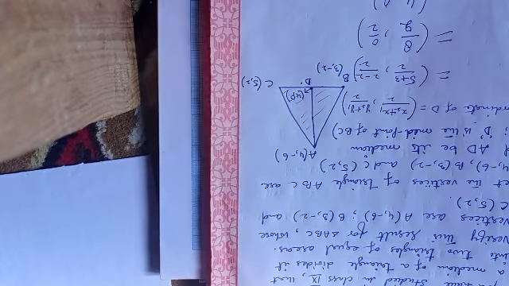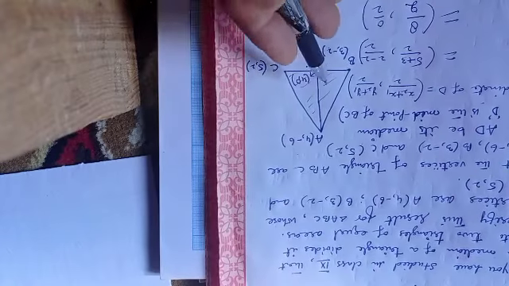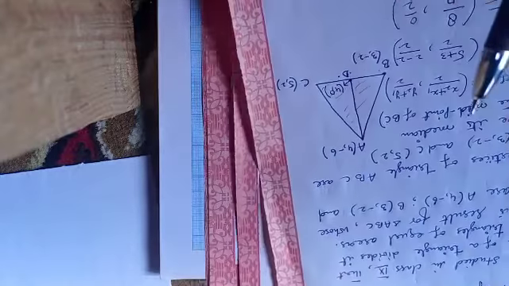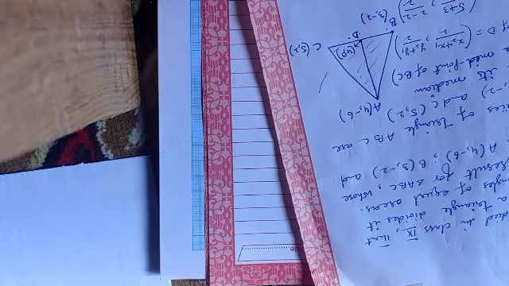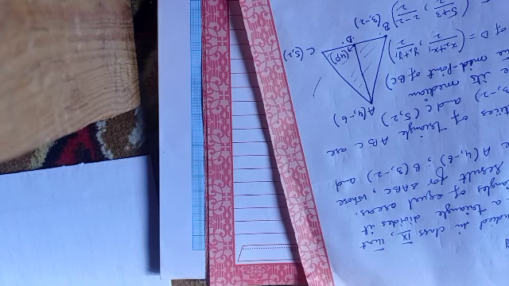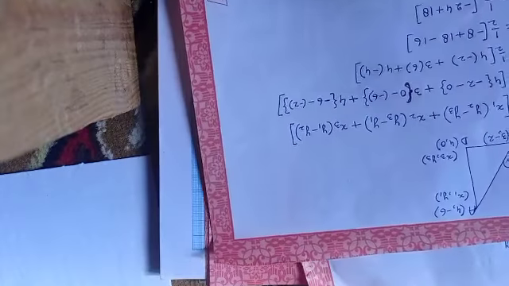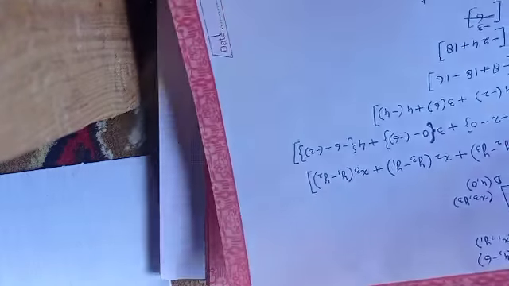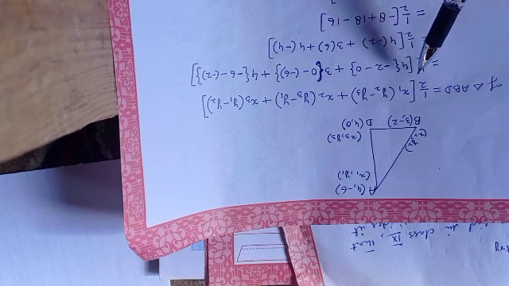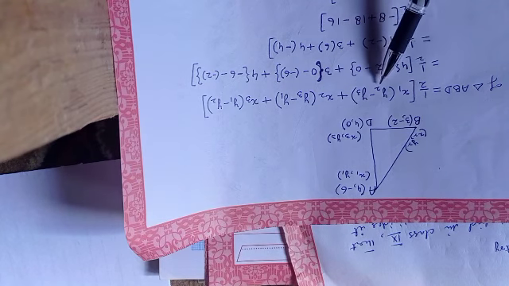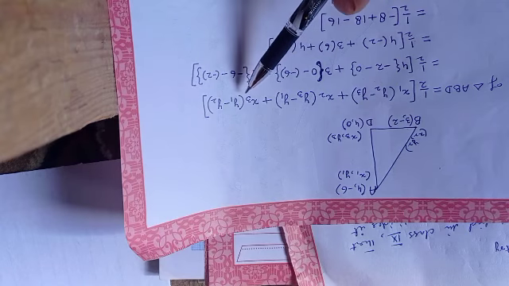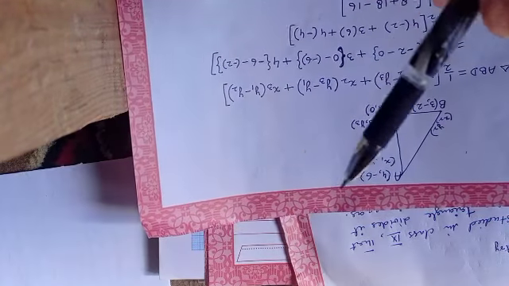Now we find the area of the first triangle, that is ABD, and then ADC. So area of triangle ABD is equal to, we use the formula: half of x1 into (y2 minus y3) plus x2 into (y3 minus y1) plus x3 into (y1 minus y2).